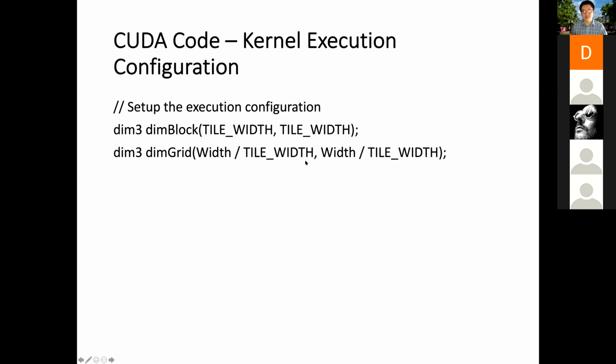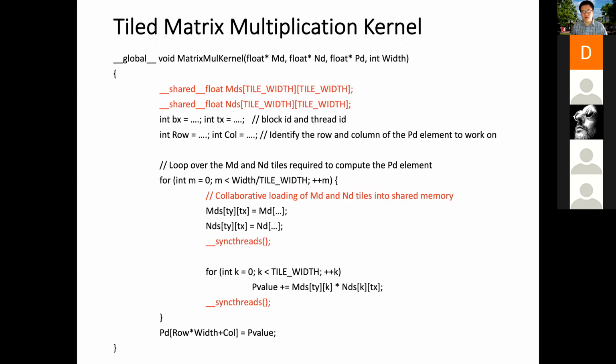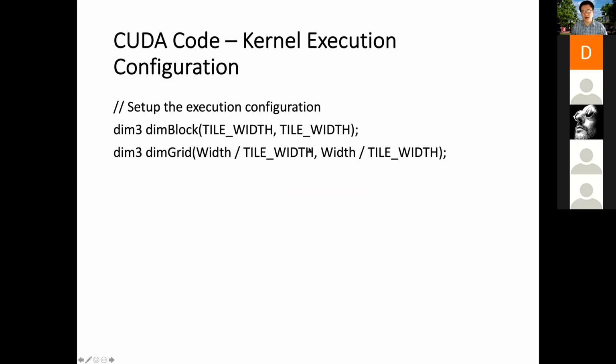For example, if the matrix n is 128 and I set 16 here, you can launch thread blocks, each with 256 threads, and how many thread blocks? It's 8 times 8, right? 64 thread blocks. But this is a very small matrix.